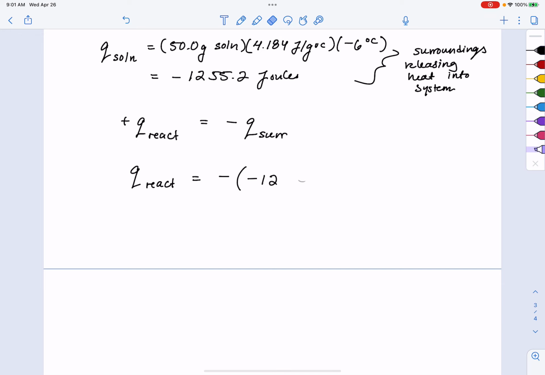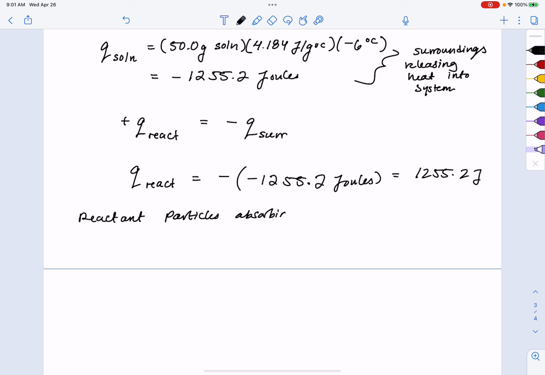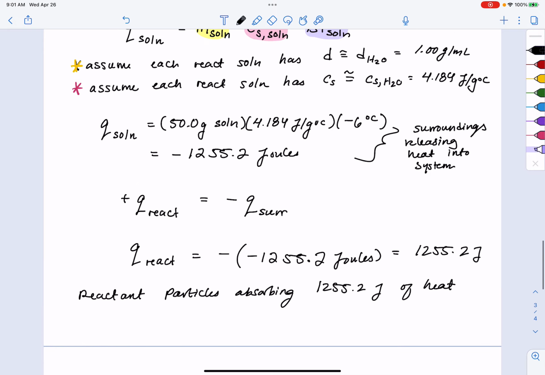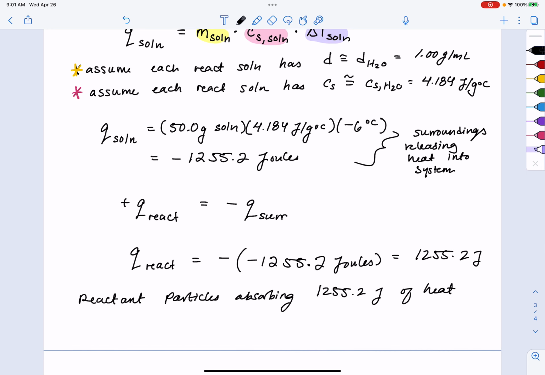Negative 1255.2 joules, so this becomes positive, meaning that our reactant particles are absorbing 1255.2 joules of heat.